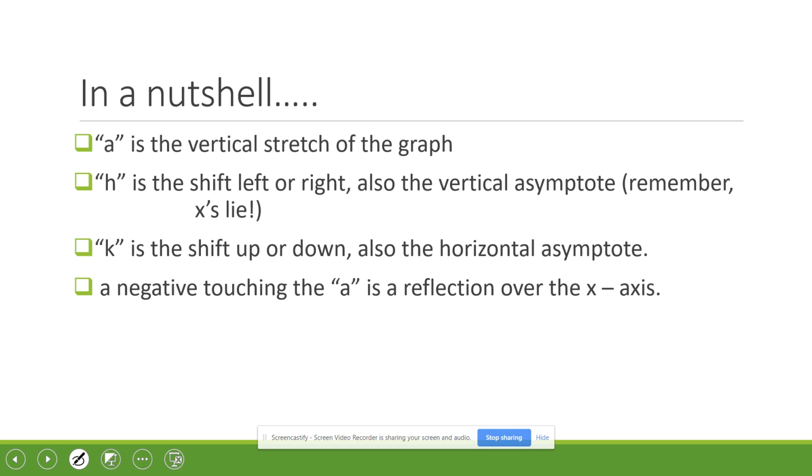So at the bottom of your note sheet, we have A is the vertical stretch of the graph, H is the shift left or right, K is the shift up or down. And if you have a negative touching the A, it's a reflection over the x-axis.